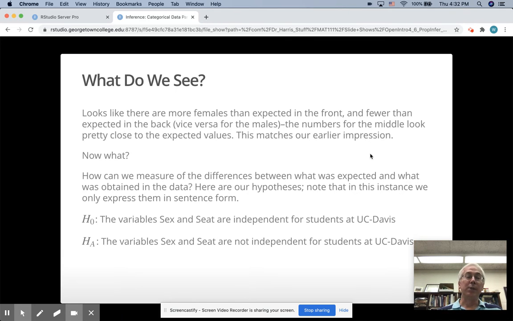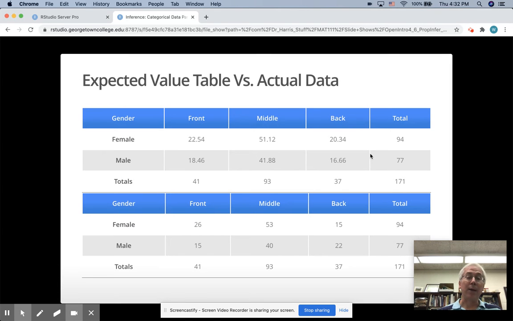Okay, so we'll flip back to this in just a second, but as I point out, what it appears is that we do indeed see that more women than expected replied front, and more men than expected replied back. So there were 26 who responded front for the women, as opposed to the expected 22 and a half. There were 22 men who said back as opposed to the 16 and 2/3 that was predicted by the expected value.